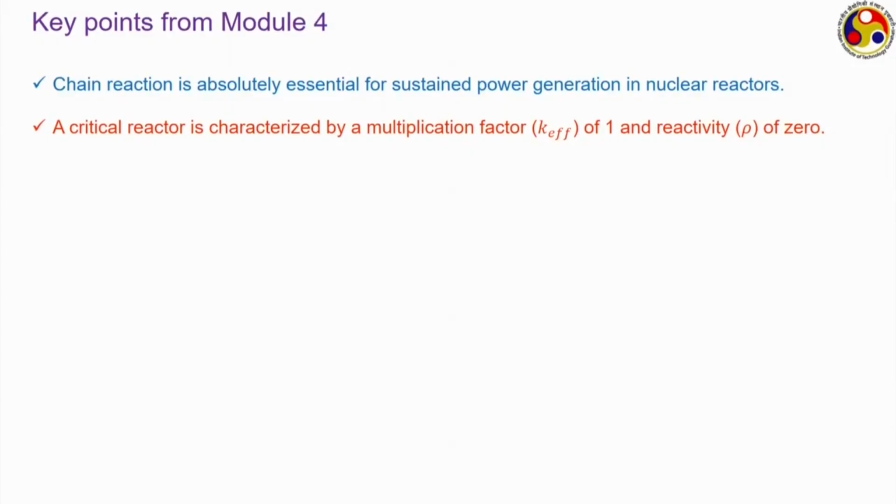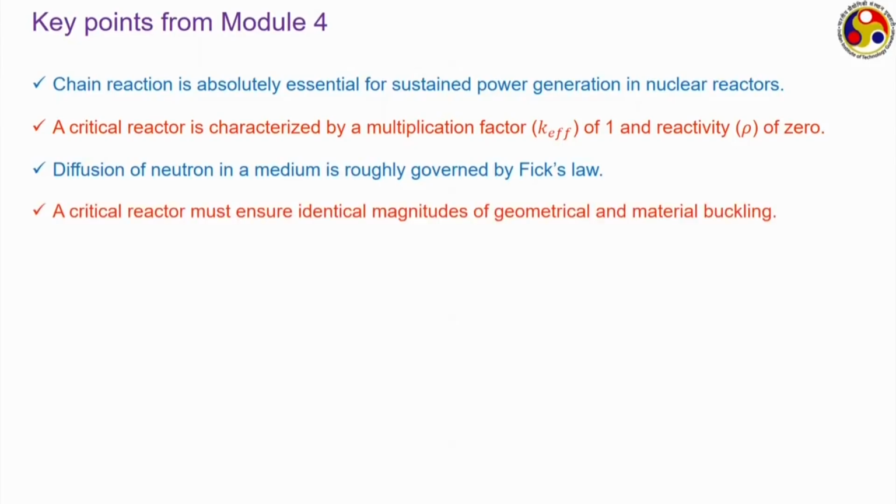Then a critical reactor is characterized by a multiplication factor value of 1 and reactivity of 0. The diffusion of neutrons in a medium is roughly governed by Fick's law. Using Fick's law and also neutron balance, we have written the single group neutron diffusion equation, which includes the diffusion term, the neutron production because of fission or external source term, and also the absorption term.